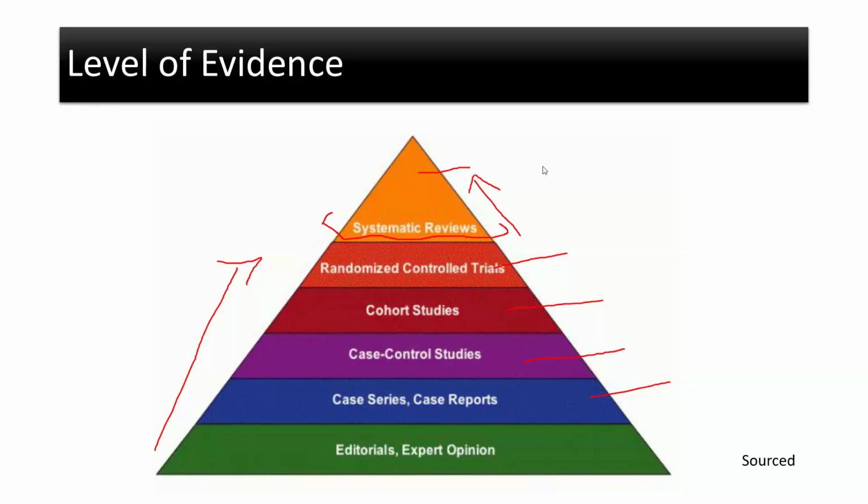Somebody comes in and says, okay, fine, I do a systematic review. I look at all the randomized controlled trials and try to find out which one has the least bias, which has the more precise results, and which one has more confidence in its results.